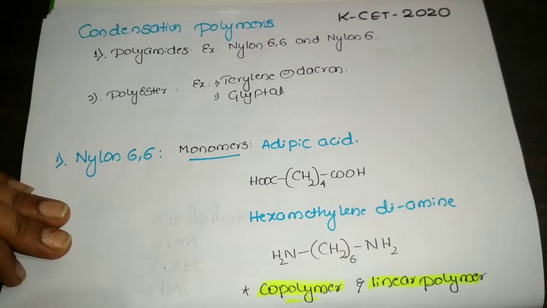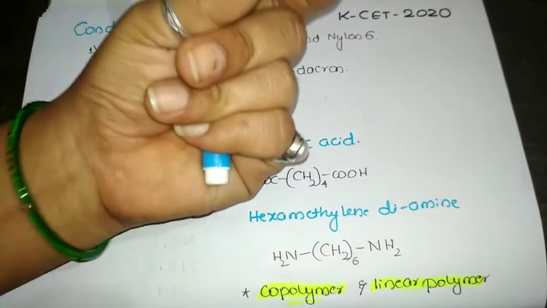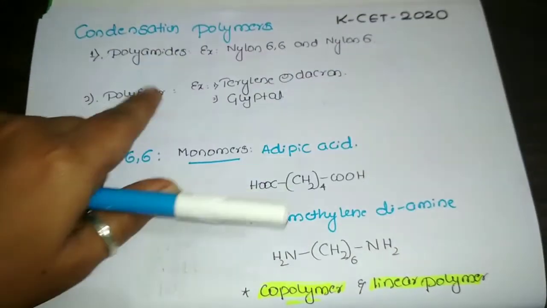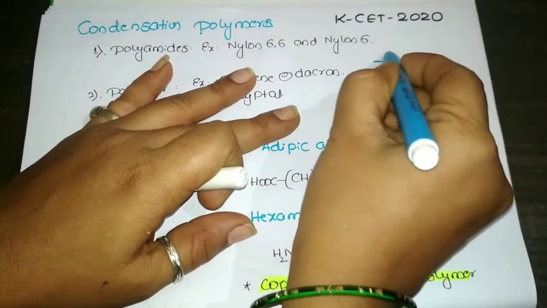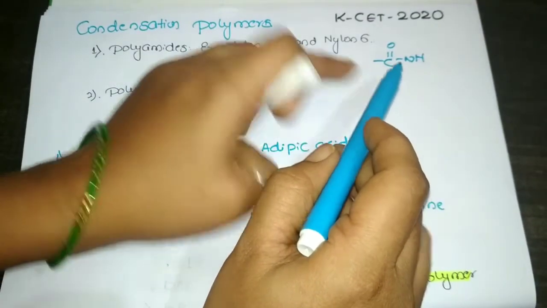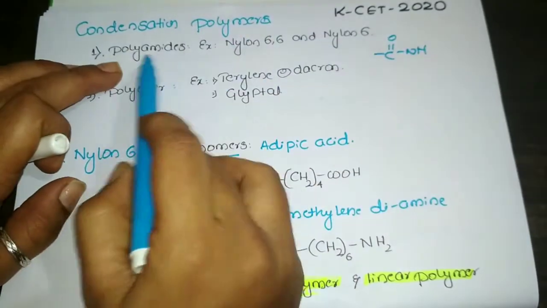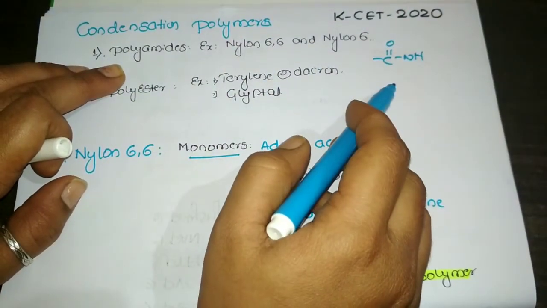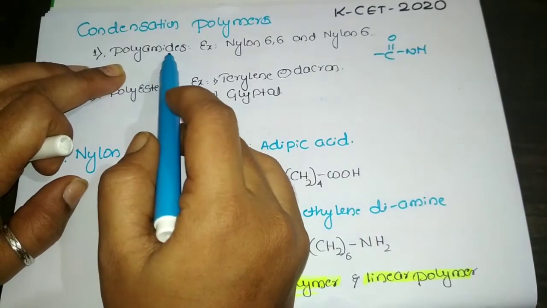What do we mean by polyamide? As I told, when two different monomer units undergo polymerization and form a bond, the bond formed will be an amide bond. This acts as a link between the two monomer units. So n number of amide bonds will be formed between the two different monomer units, and we call it a polyamide.